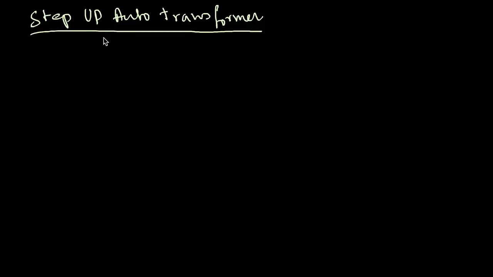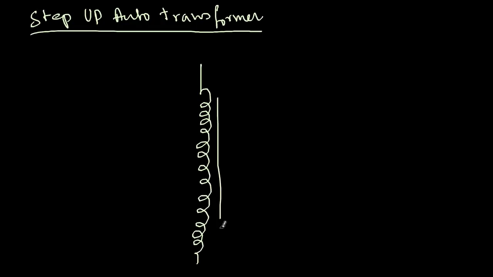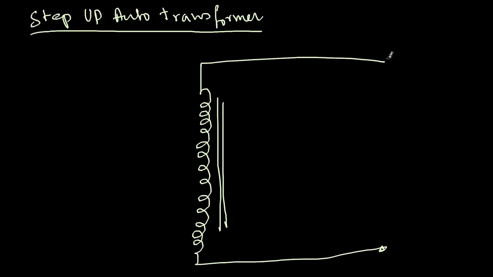Let's look at a step up auto transformer in which we are trying to increase the voltage. So what is the benefit? So again, you have the single winding, and there's a core also. So the terminals that I take from this side are the secondary terminals.